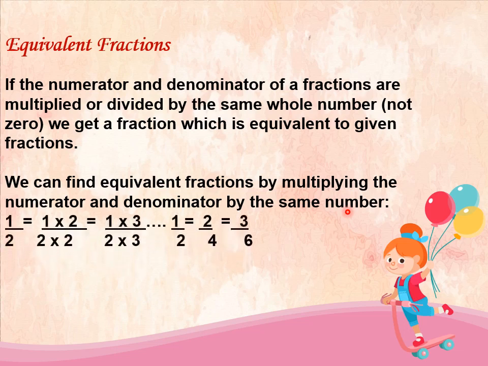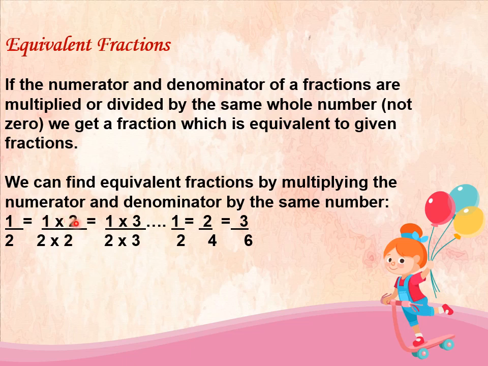See, for example, 1 upon 2. When we multiply by 1, 1 multiplied by 1 we get 1. In the same way, whatever we multiply in the numerator, that only we have to multiply in the denominator. So 2 multiplied by 1, we get 2. So 1 upon 2. Now we will multiply by 2.